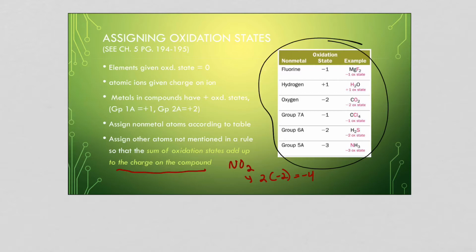So the nitrogen can't take on a -3; it has to take on an oxidation state that is going to make the total 0. That means the nitrogen would have to take on a +4 oxidation state. So we have a +4 oxidation state for nitrogen and a total of -4 from the oxygens. It adds up to 0, which is the charge on this neutral compound. So that's the idea.